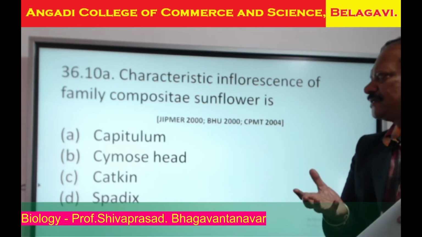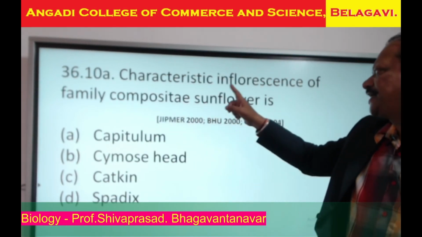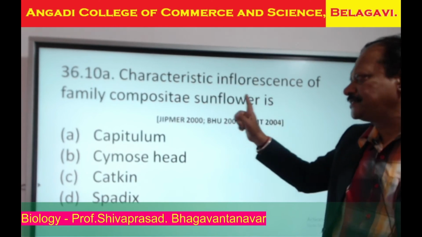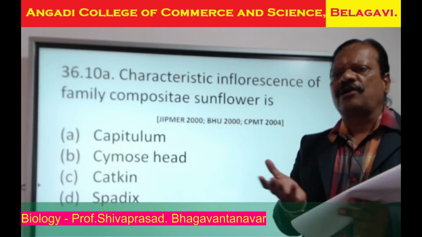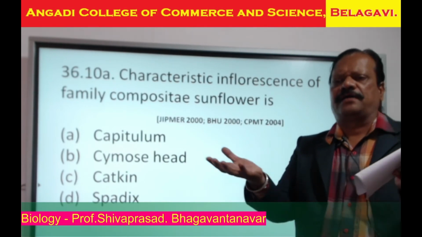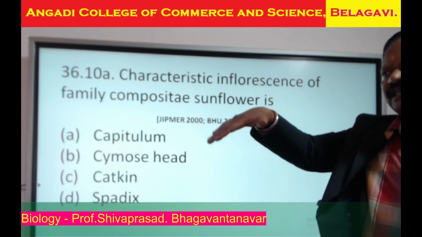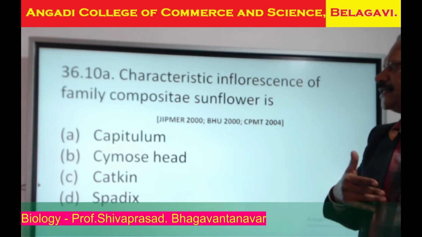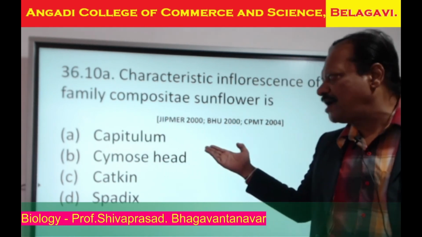So the inflorescence of family Compositae, sunflower, is capitulum. Because you already know the sunflower, it is expanded like anything. You observe a broad disc. Such a type of inflorescence you call a capitulum.